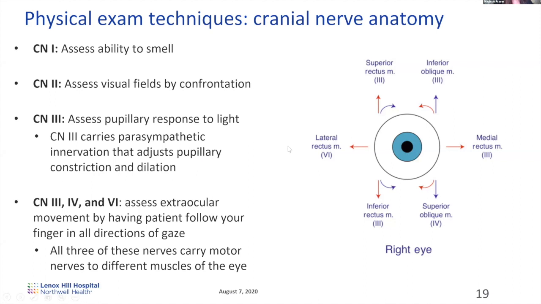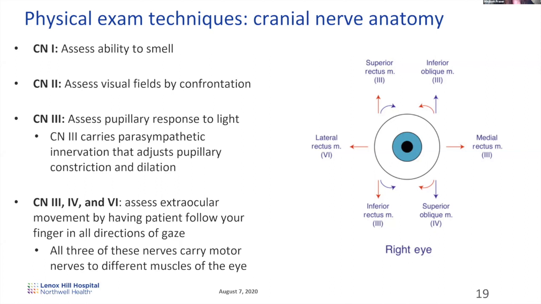So cranial nerves 3, 4, and 6. In addition to the pupillary response, cranial nerve 3 also innervates some of the muscles in your eye, but as we discussed, so do 4 and 6. And so the best way to test these is to have the eyes move in each direction.